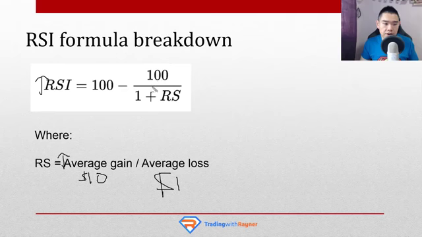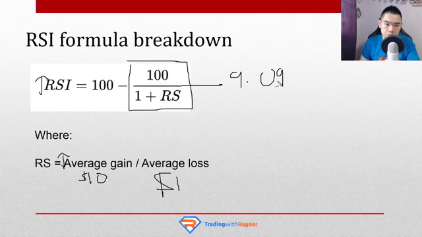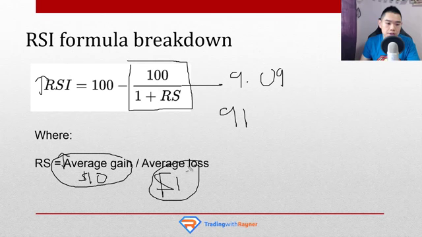So it's equal to 100 divided by 11, which gives you a figure of about 9.09. So this whole portion here is about 9.09. You take 100 minus 9.09, and you get an RSI of about 91. So this is showing you strong momentum because your average gain is much higher than your average loss, and that's why your RSI is at 91.